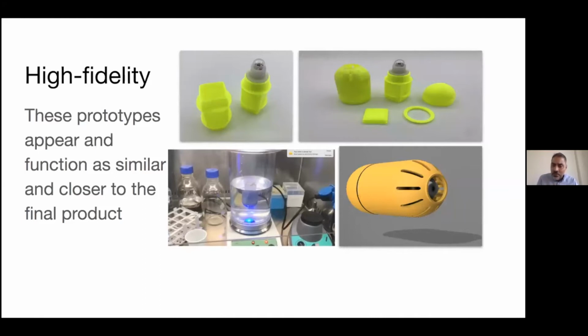So you drop it in that small water container and it will sterilize the water using some ultraviolet, okay, radiation. In the shape and the looks and the number of parts and the detail in the parts we produced, this resembles the final product to a large extent. And when it comes to the function, we also had to take this product to a lab to test it in a lab setup and make sure that it will do the disinfection at the right level and the right amount as per the literature, okay?